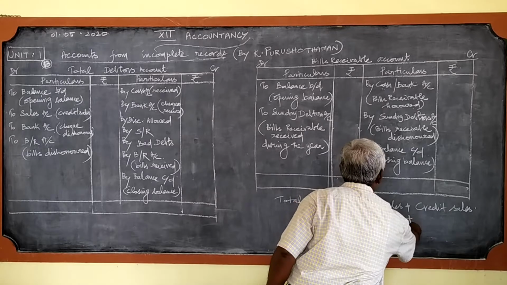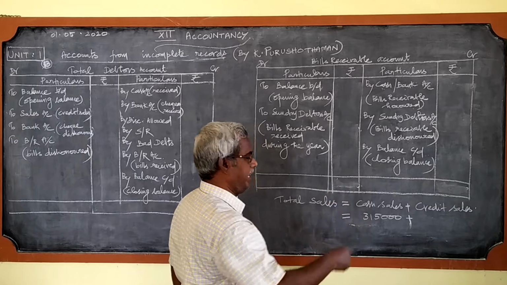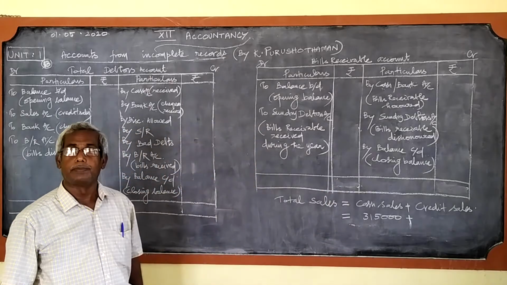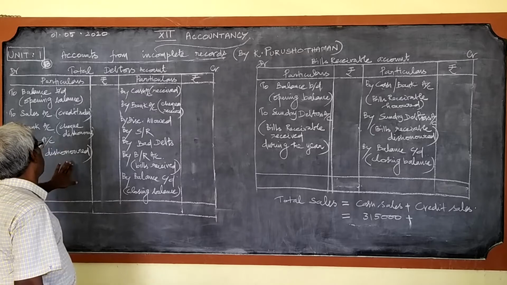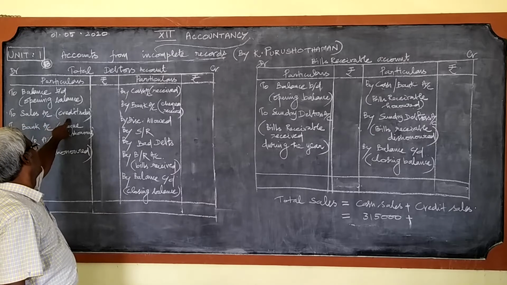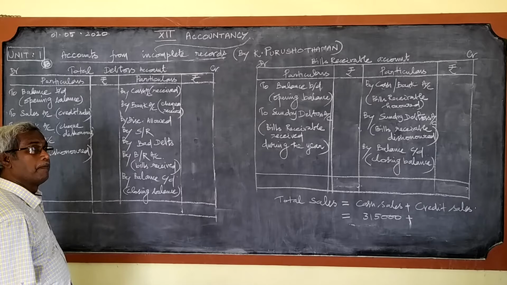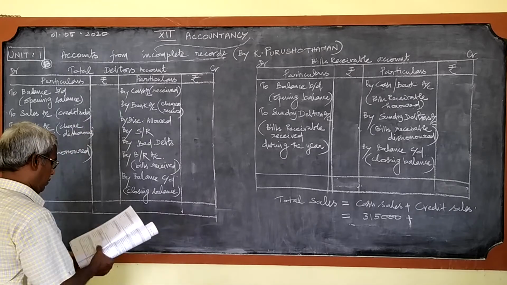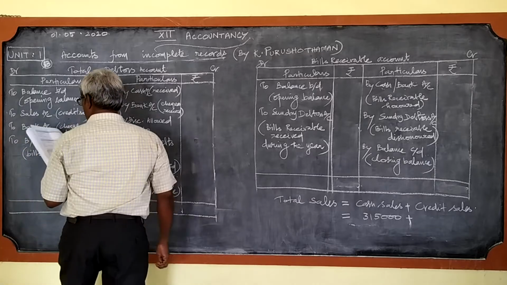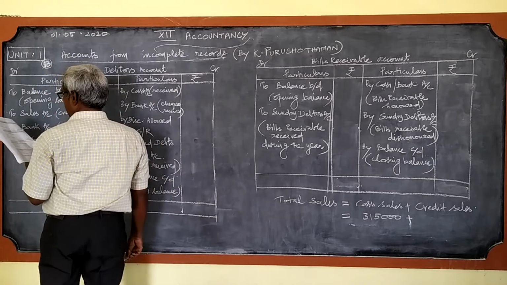Now our intention is to find the credit sales. To find the credit sales, we should use this format because in this only the credit sales is given. Okay, we shall go to this format, total debtors account. What are the items given there?